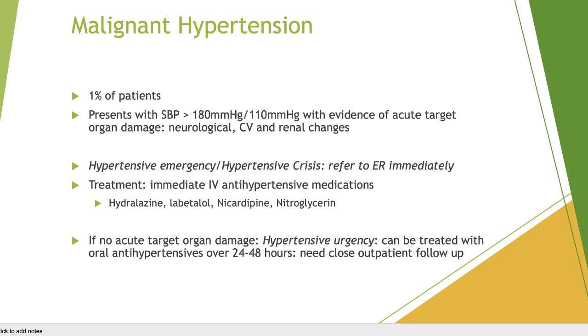If no acute target organ damage, this is diagnosis hypertensive urgency. You can treat these patients on oral hypertensives for 24 to 48 hours, but they need very close outpatient follow-up.